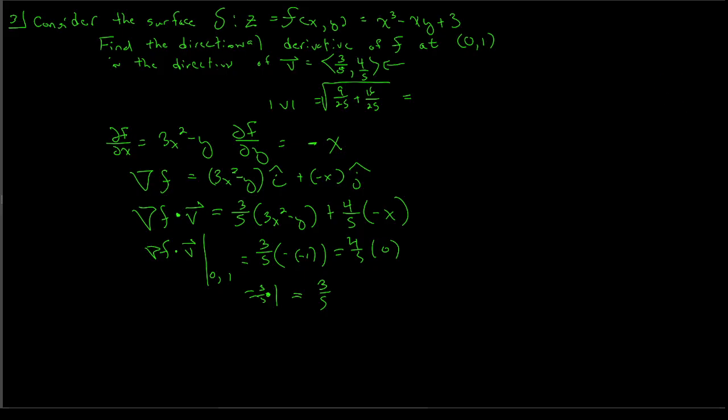All right, let's look at the second part of this, which asks us for the equation of the tangent plane to the surface. To find the equation of the tangent plane, we can look at the point itself and work on how this point is related to our function.